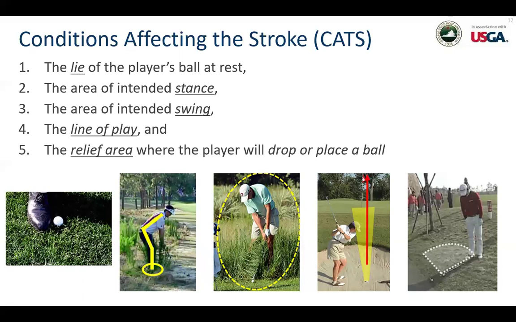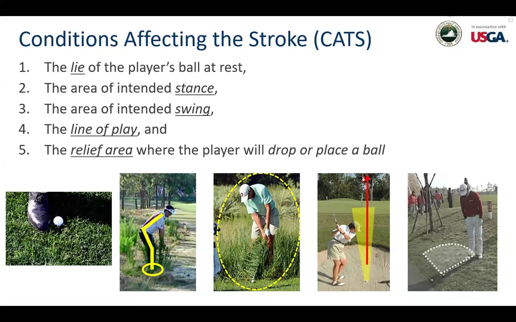And then next, our area of intended swing. We've highlighted that in yellow because it includes the backswing and also the follow through, the entire circle of where our club may be during that stroke. Next, the line of play. We have that highlighted because it's not just a direct line. It's where we want the ball to go.